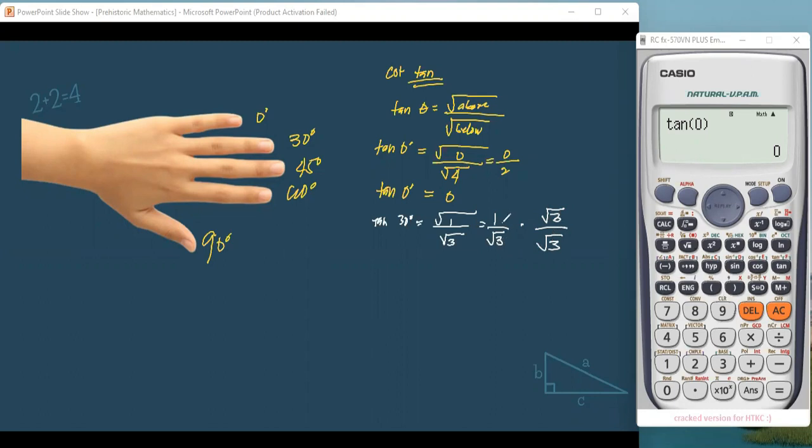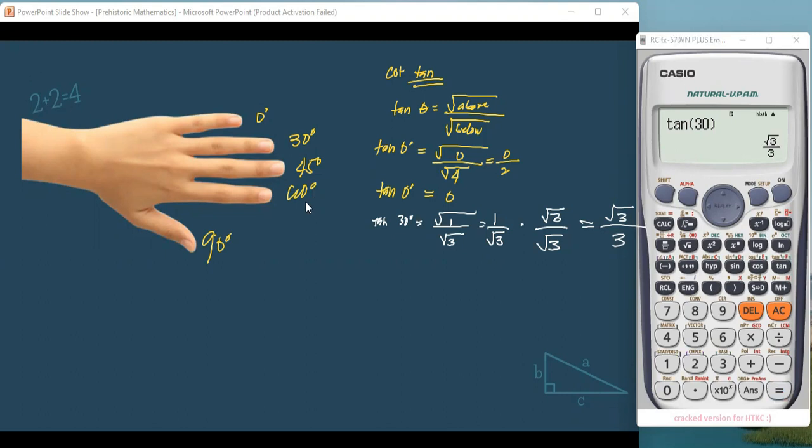So, kung ito po ang value nito, pag i-multiply natin sa 1, will just give its value, but this time in another form. So 1 times the square root of 3, that will give us the square root of 3. And the square root of 3 times the square root of 3, that will give us 3. So ngayon po, my dear students, wala na tayong problema dahil wala naman pong square root sa denominator. Let's now check if really tangent 30 will give us the square root of 3 over 3.